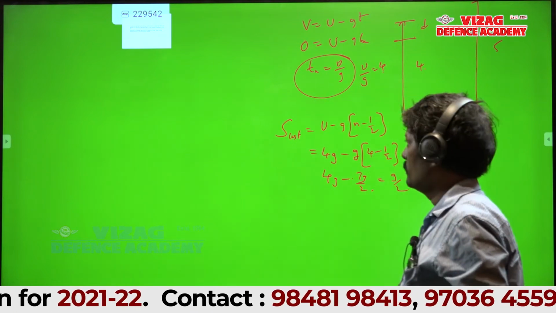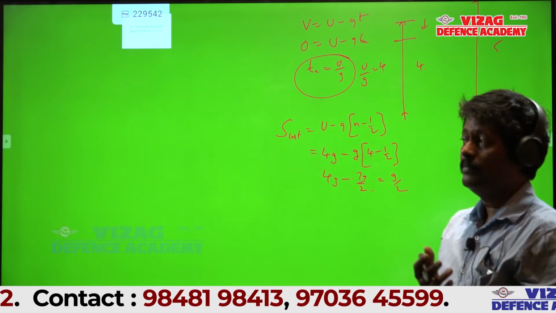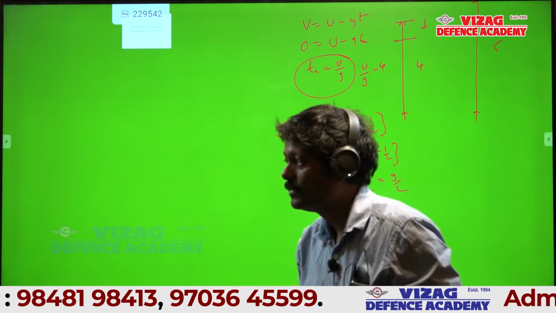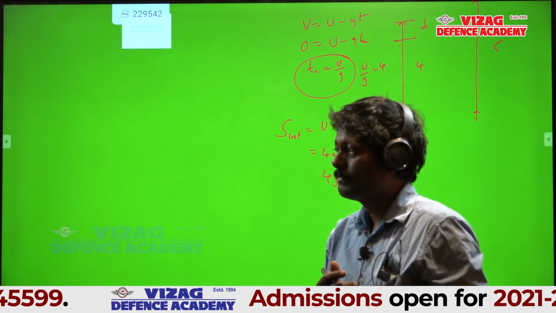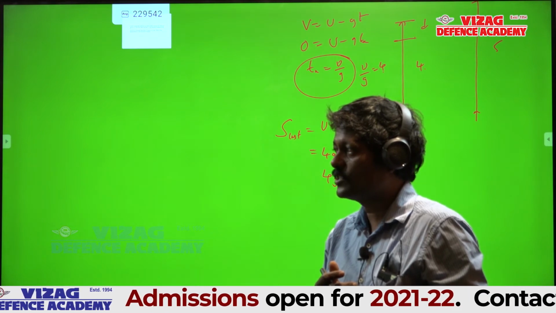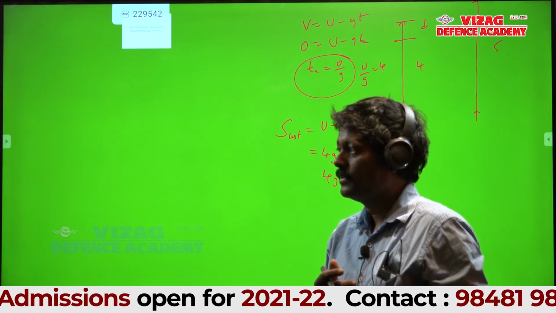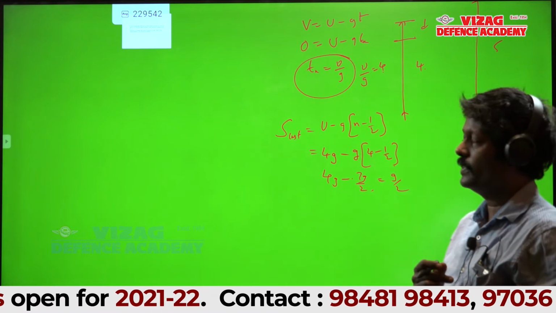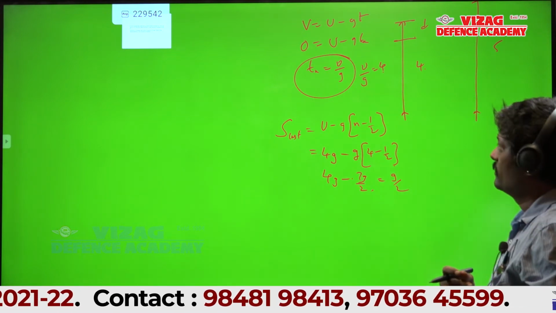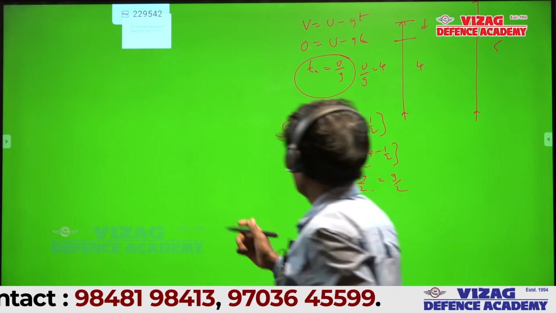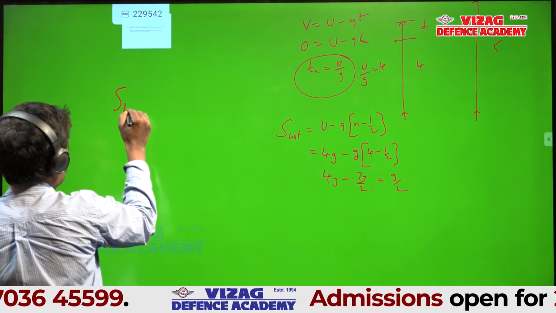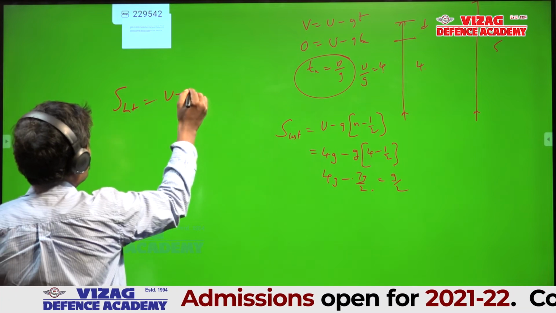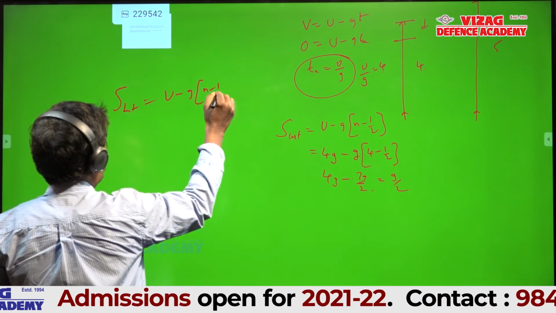g by 2. Who is that speaking? Good, Sohel, good boy. Very, very good, it's correct. Let me find S last. S last is u minus g into n minus half.